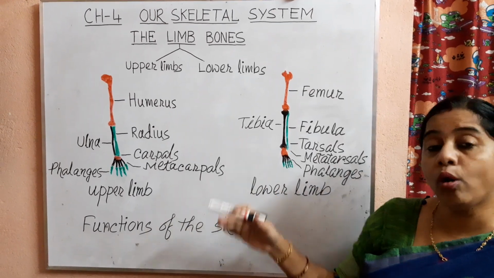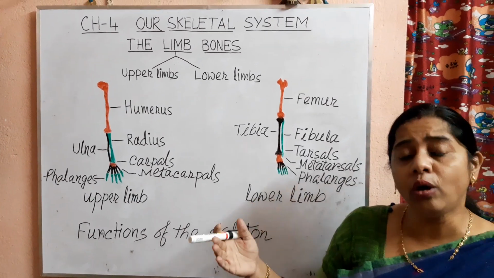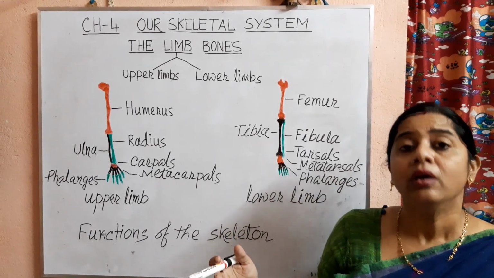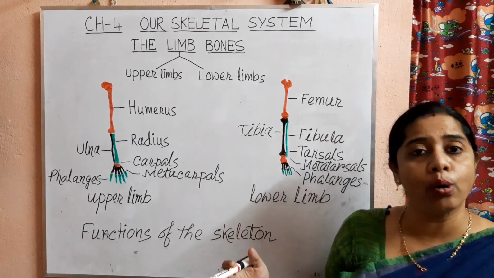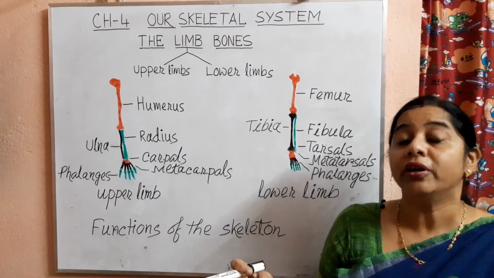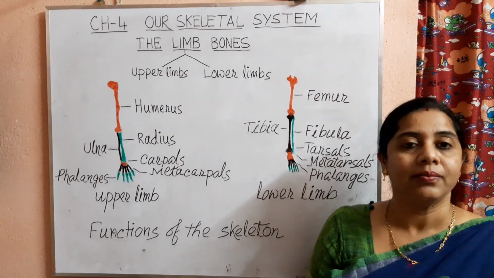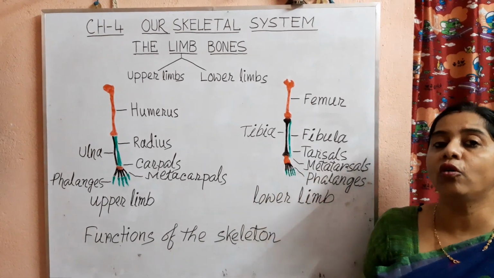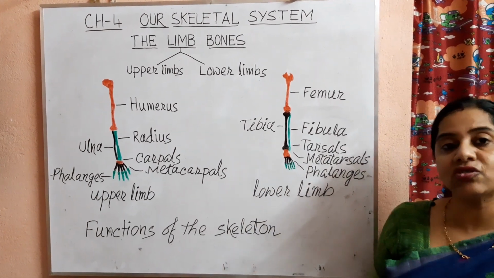So the bones are, of course, part of the skeletal system. The skeletal system is a framework of bones. So bones are very important for the production of blood cells. Understood? So these are the four functions of our skeletal system.